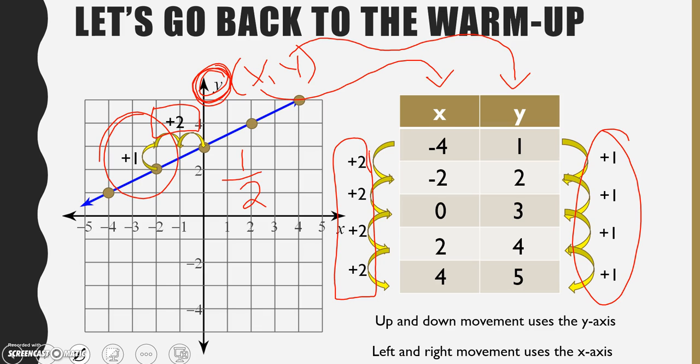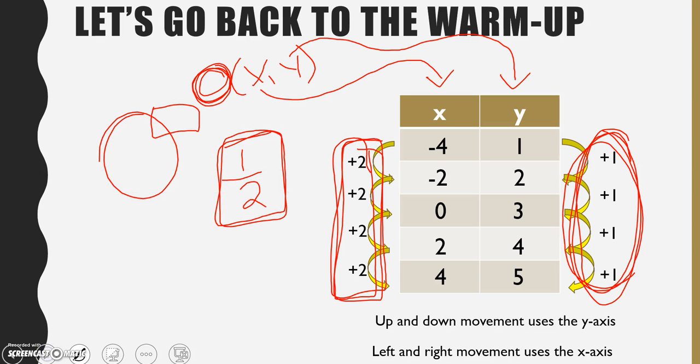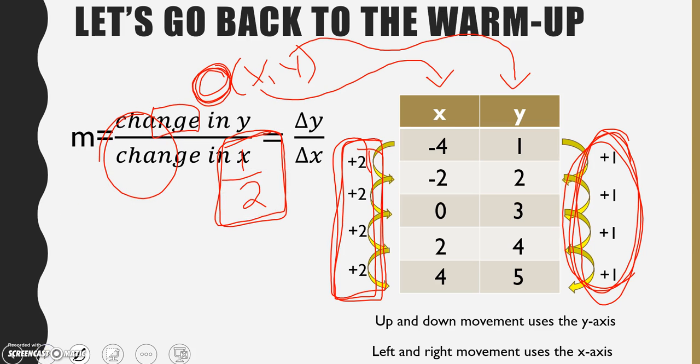All right, and then we just talked about the slope is the change in y divided by the change in x. So our change in y is the positive 1, and our change in x is the positive 2, so our slope is still going to be 1 over 2. Which we just talked about.